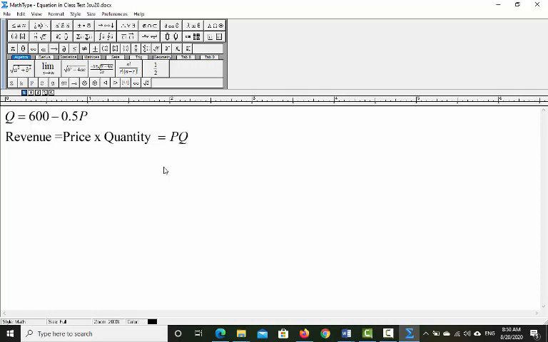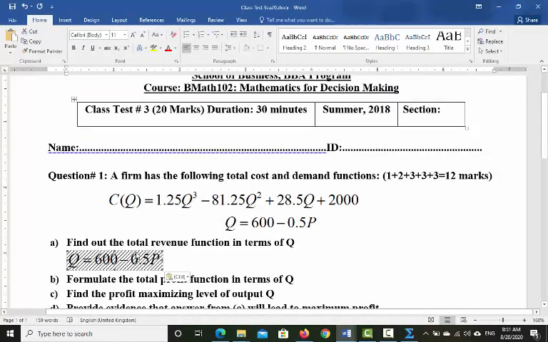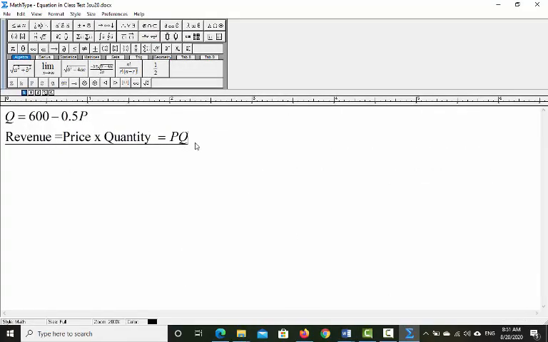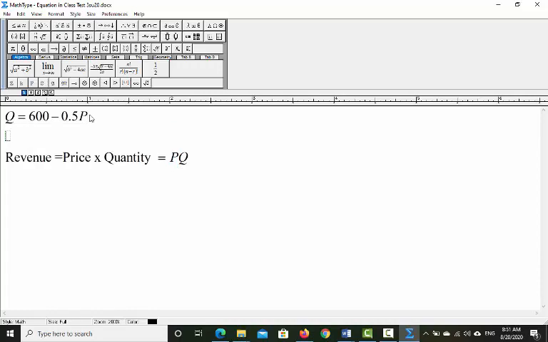But the question says that the only variable should be Q. So the revenue function should be in terms of Q, which means we need to replace P. To replace P, you need to find the equation for P. So what is P? Let us find out.